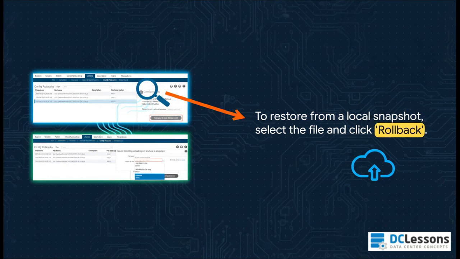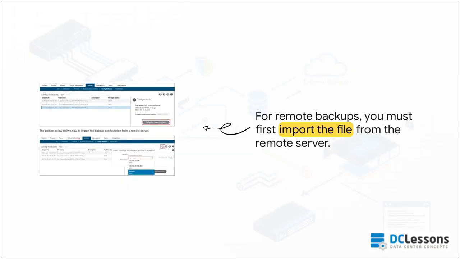As you can see, you just pick the file you want from the list and click that rollback action button. Super simple. But to restore from your secure remote location, which is the more likely scenario, there's just one extra step. First, you're going to use the import function to pull that snapshot archive file back onto the APIC. Once it's imported and it shows up in your local list, you can do the rollback just like we saw before.